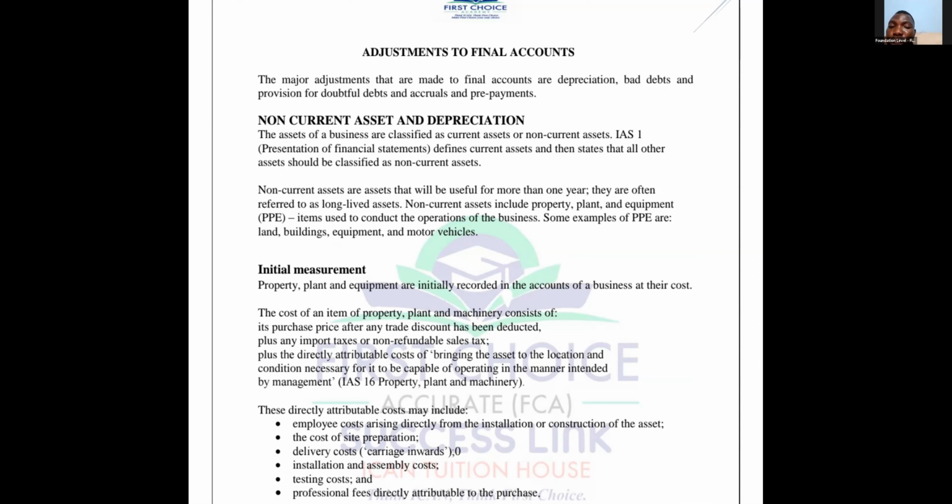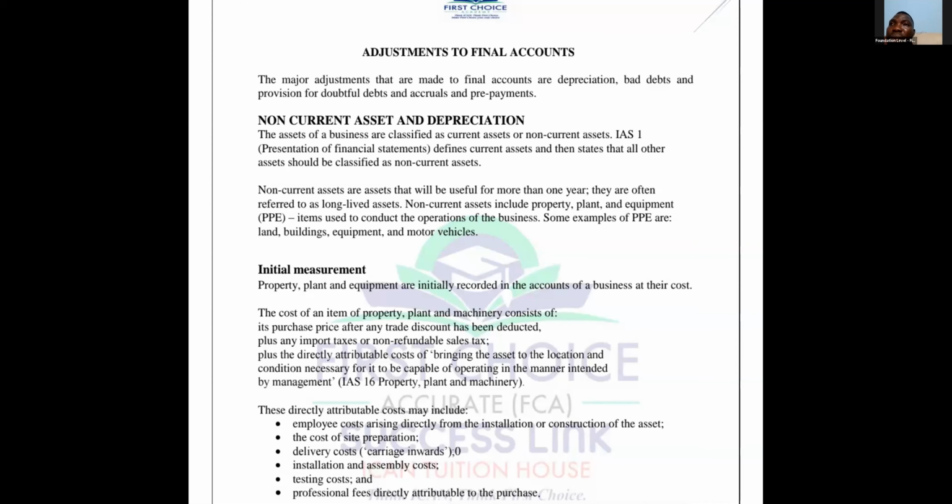So the formula is purchase cost minus trade discount plus other relevant costs or direct costs, costs that are directly attributable to the purchase of the asset. So you add everything together until the asset is ready for use.